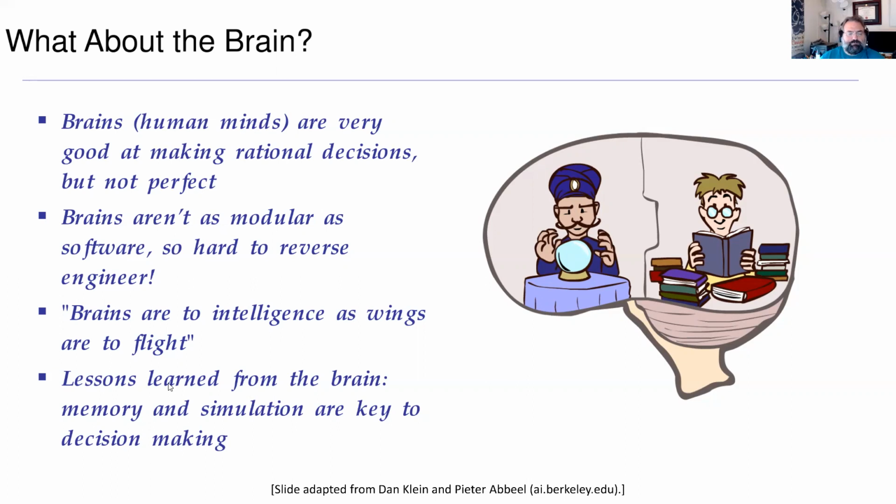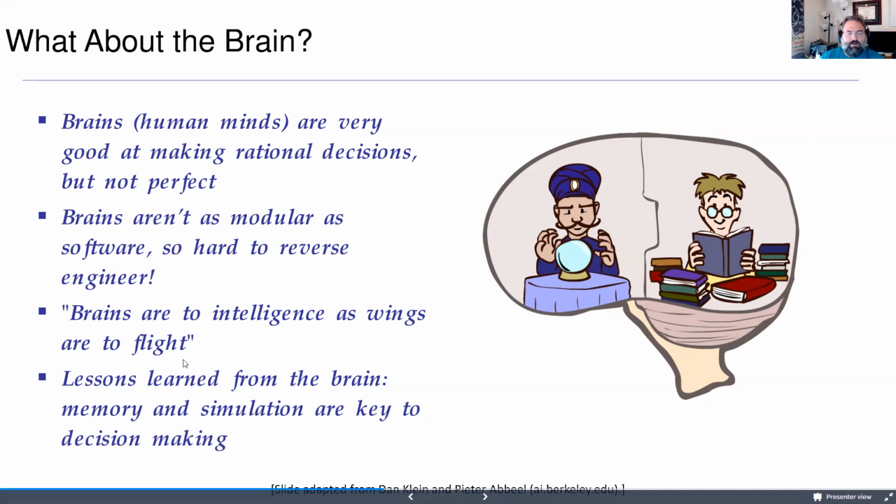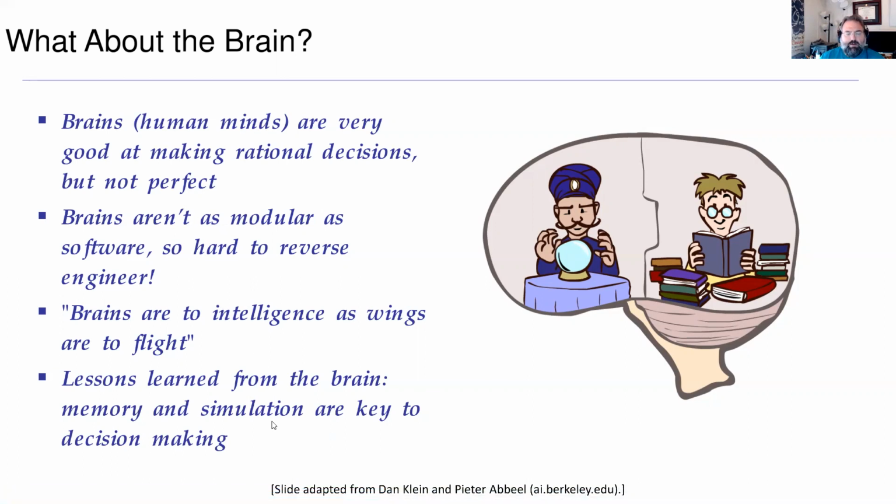And then the key thing that we did learn from looking at the brain and how it works is the importance of memory and simulation to figuring out how to make decisions. People do this sort of thing sometimes subconsciously, where they'll sit and visualize how something might go, think it through in their head ahead of time before they actually try to do it, potentially finding things that are going to go wrong.